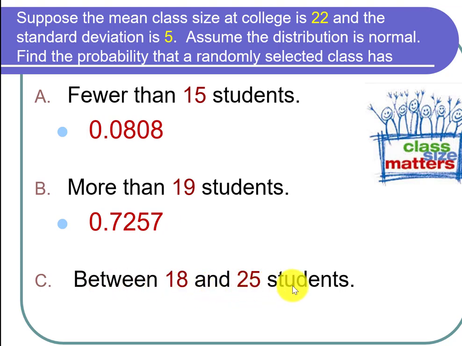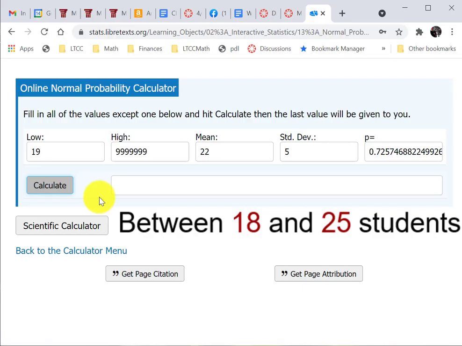So similar, I go to my calculator. So here's my calculator. Same mean, same standard deviation. I want the probability, so I erase the P equals. And now the low, I want to be between 18 and 25. So the low is 18, and the high is 25.